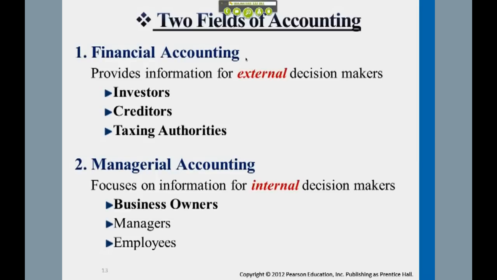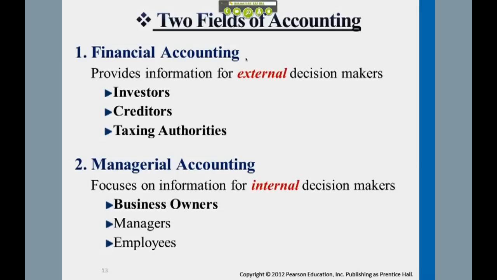The set of information that we provide is the income statement, retained earnings, balance sheet, and cash flows, which is more comprehensive and more thorough. Because our audience are the people who do not work inside the business and need to know the information that happened within the business within a certain period, so they're more comprehensive compared to the information provided in managerial accounting statements, where the audience is people who actually work within the firm.